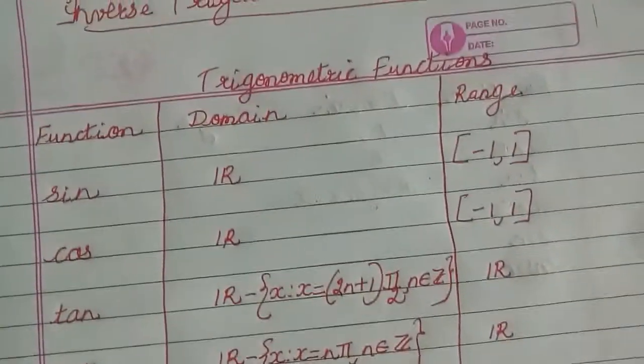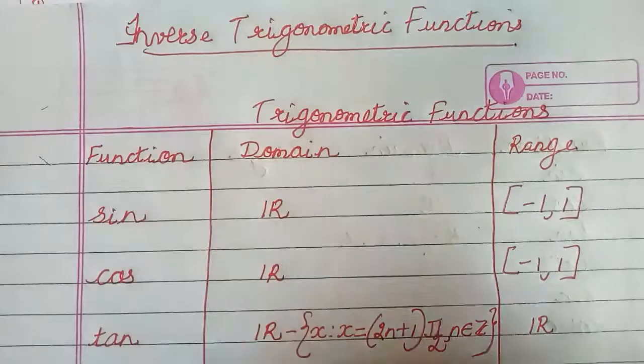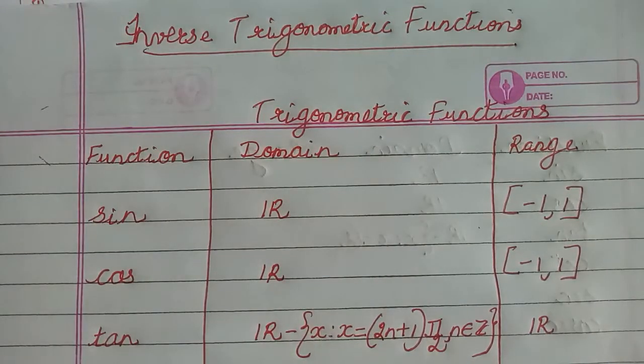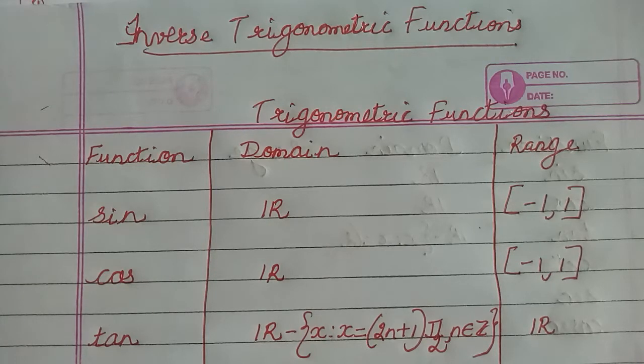Now, if you remember, children, when does a function have an inverse? There are two ways of proving it, right? The first is to prove that the function is one-one and onto. That means if your function is bijective, then your function will have an inverse, if and only if.